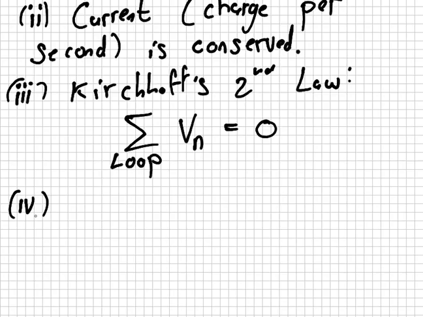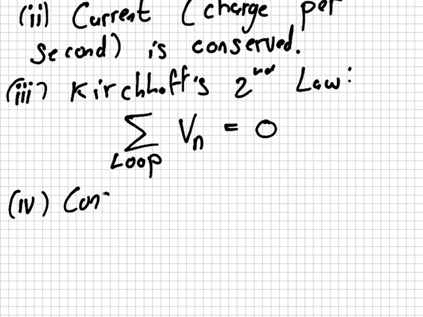Now, what is the reason for this? Like, the first one was because the charge must be constant. You can't make charge. What goes in comes out. So what's the reason for the total voltage being 0? Conservation. Very good. Conservation of energy.